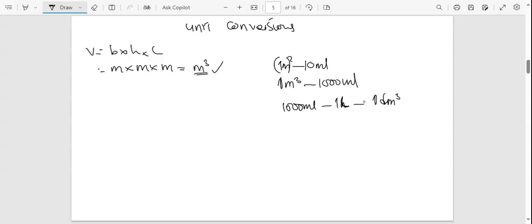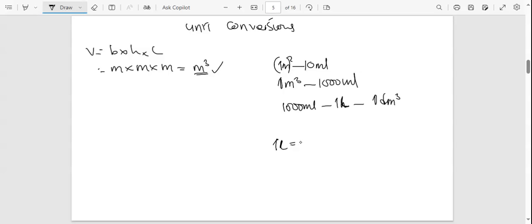So you need to know all these unit conversions, and sometimes you can be asked, when I give you 1 liter, what will this be in terms of meter cubed?